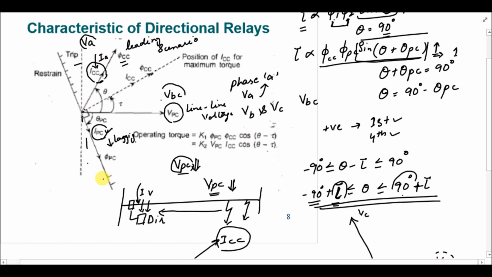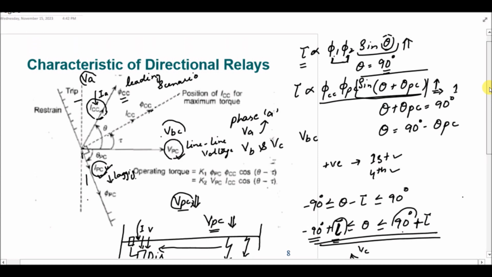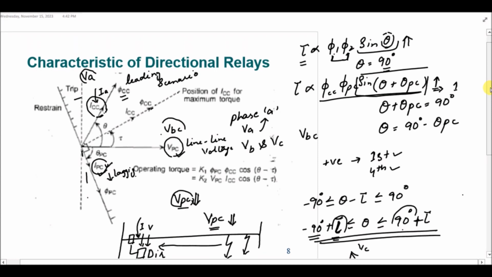So that's why we have a coil current leading the potential coil voltage and the potential coil current lagging the VPC, the polarizing quantity. So these are the basics of the phasors that are drawn for the checking of directionality whenever we are applying the directional relay. So these are the basic characteristics of the directional relay.